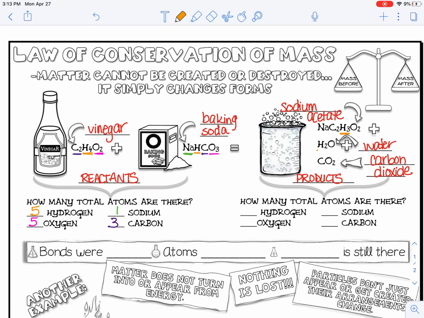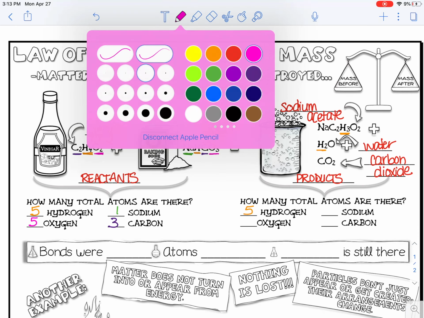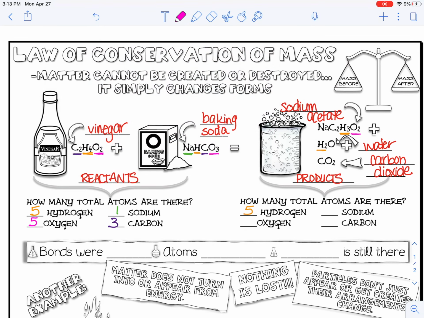Over here, I have 3 hydrogen plus 2 hydrogen, so I have 5 hydrogen atoms. I have 2 oxygen plus 1 is 3 plus 2 more is 5 oxygens. I have 1 sodium atom.